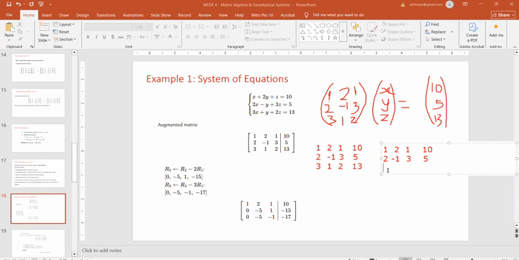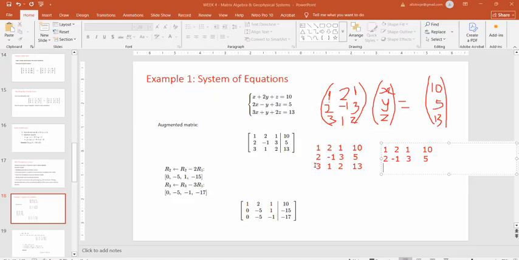Now we have decided that our new third row will be, you multiply the first row by 3. You now say the third row minus the first row after you have multiplied the first row by 3.